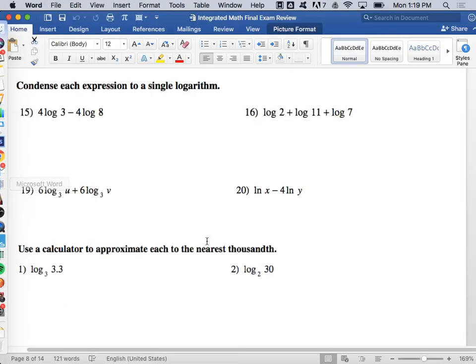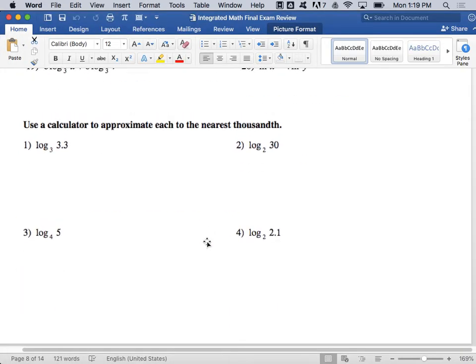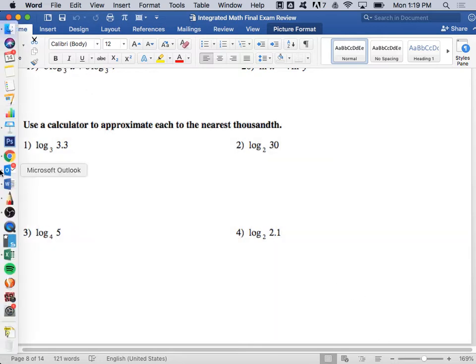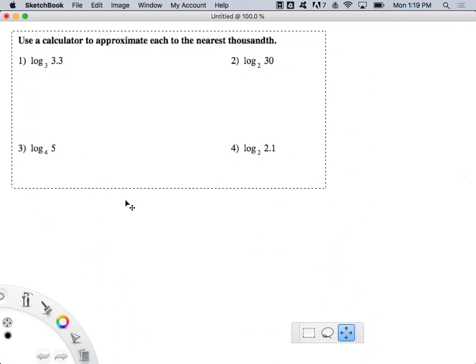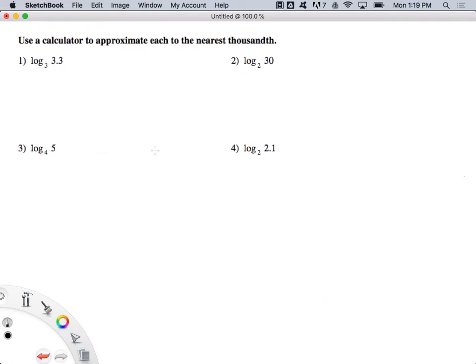Let's continue. Now, let's go ahead and do these explicitly. It says use a calculator to approximate each to the nearest thousand. All right. This is just change of base rule.